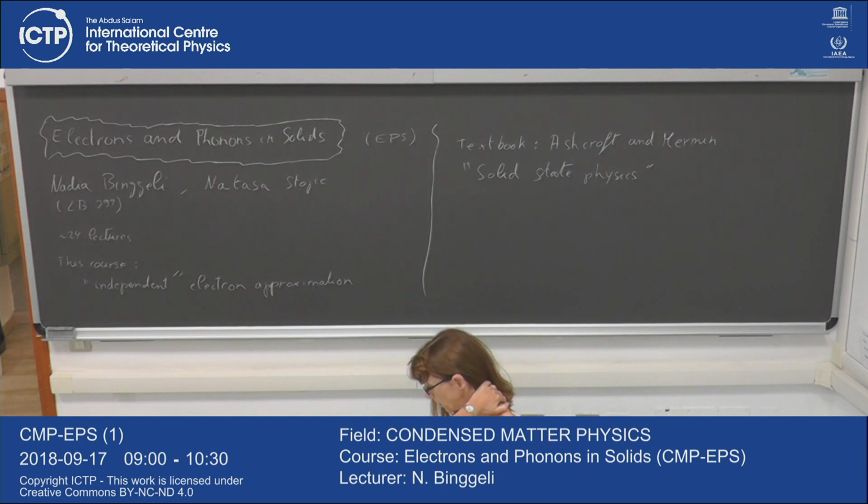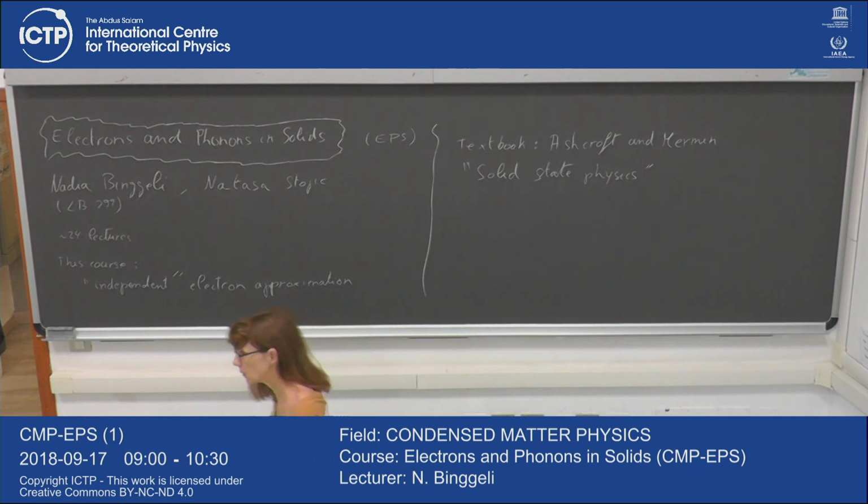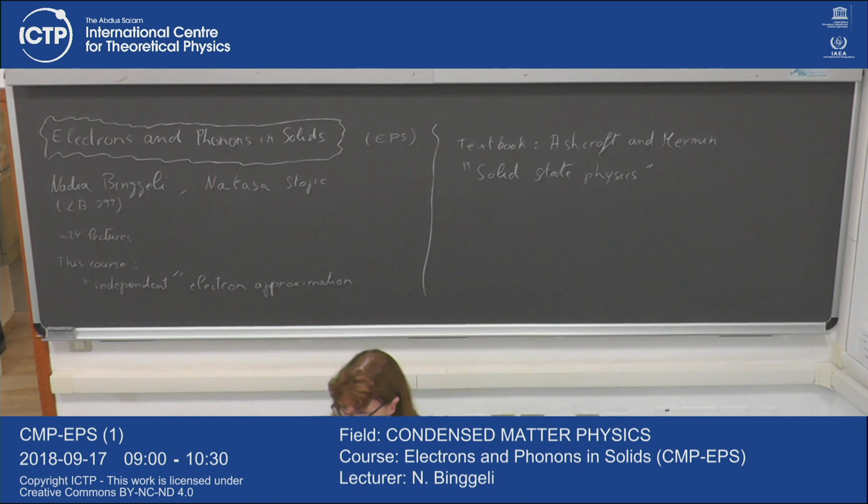What you need to know for this course, which I assume you have already seen, is the hydrogen atom, the eigenstates of the hydrogen atom, the s and p states and so on, the spherical harmonics. If you feel you are not sure about it, please look again at your quantum mechanics course and be sure you have in mind the hydrogen atom and its eigenstates.